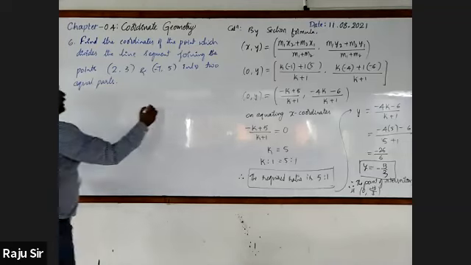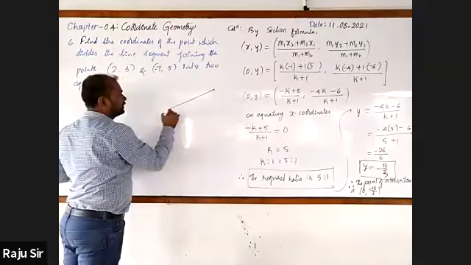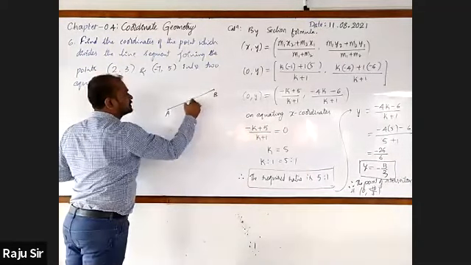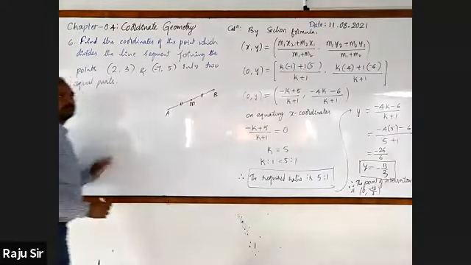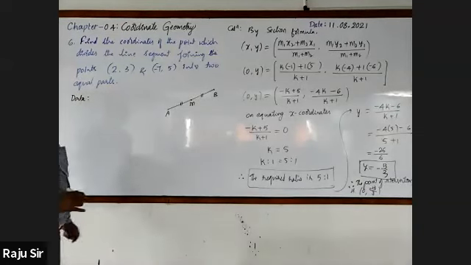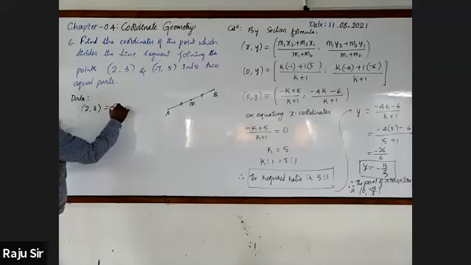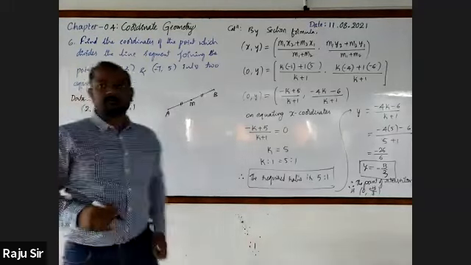To tell you the meaning, I take the points as A and B, and this is the midpoint. Now the data: 2 comma 3, let us take this as x1, y1.